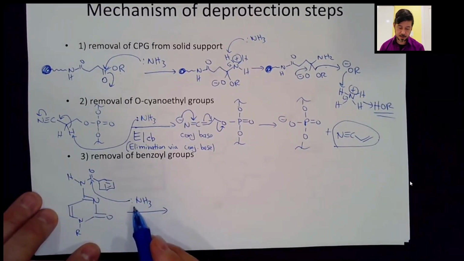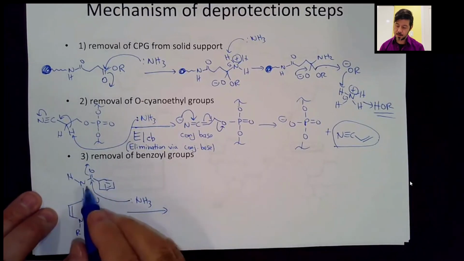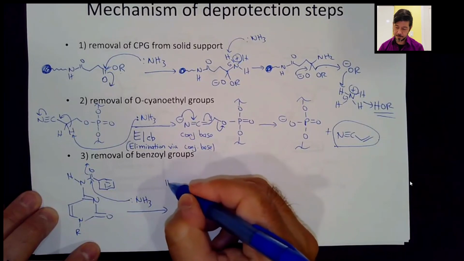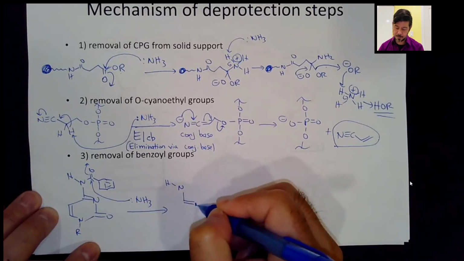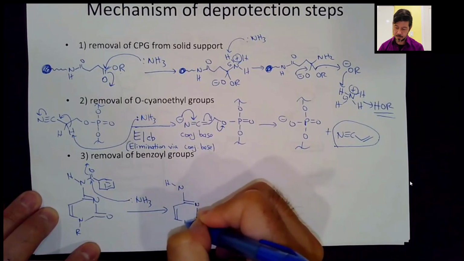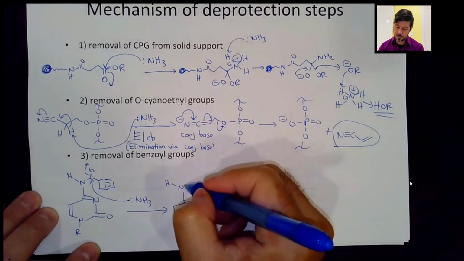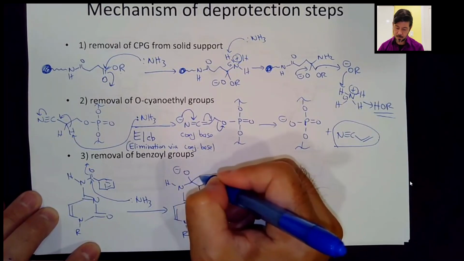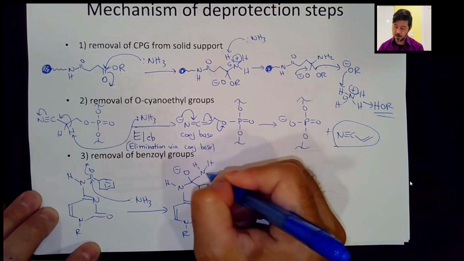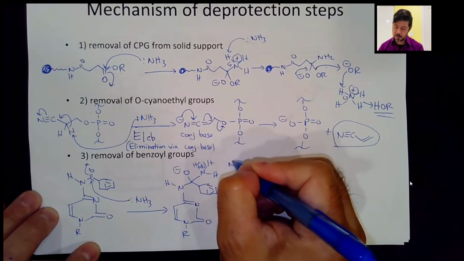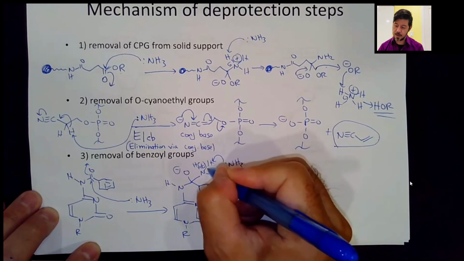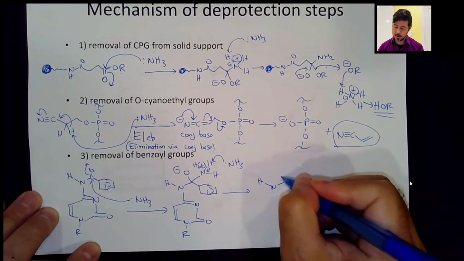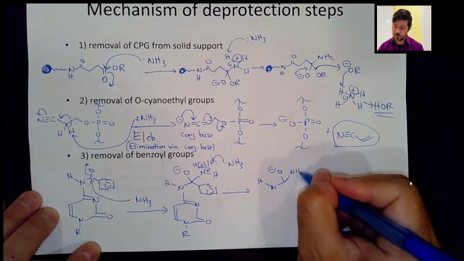You'll get the NH3 attacking that carbonyl group, which is electrophilic. Now you have a nitrogen with four bonds. Do a proton transfer like we did at the beginning. Now you have your tetrahedral intermediate.